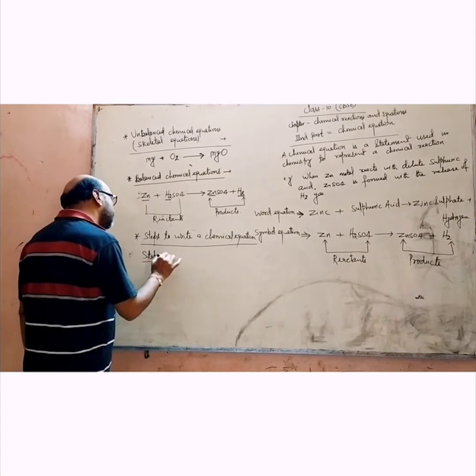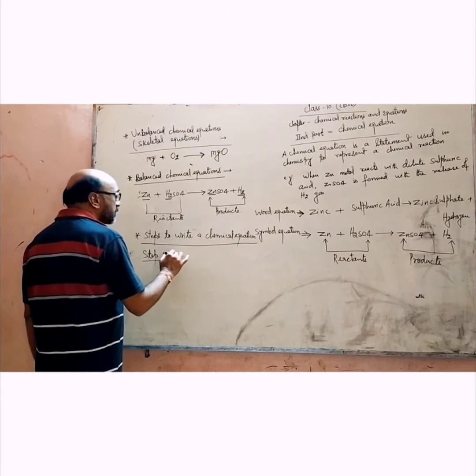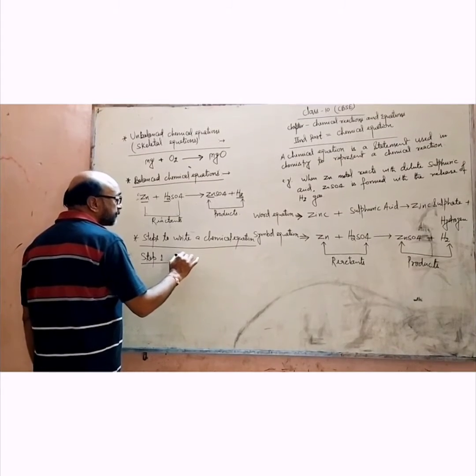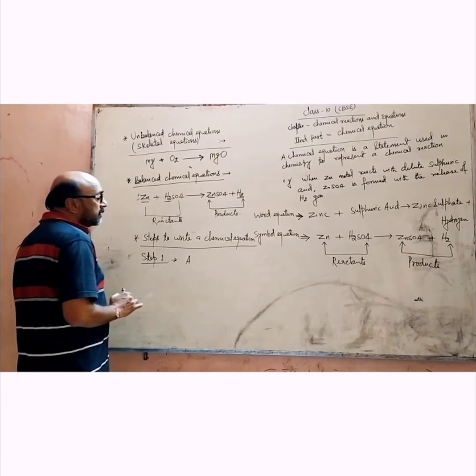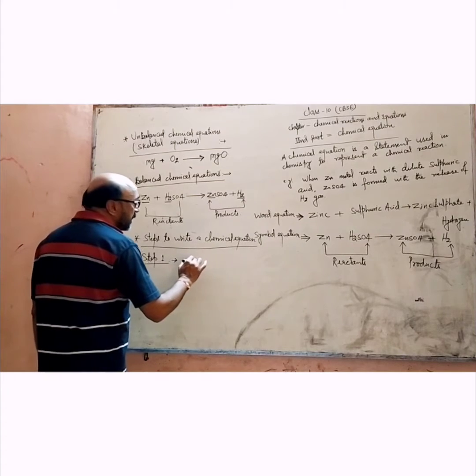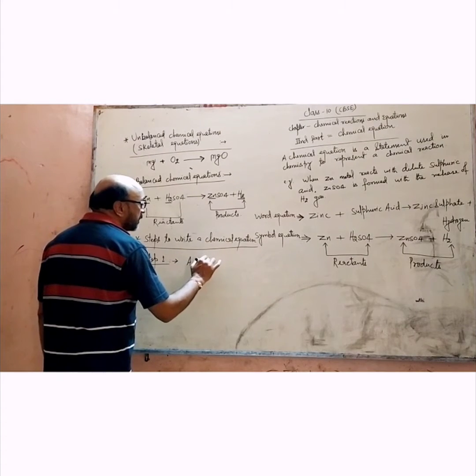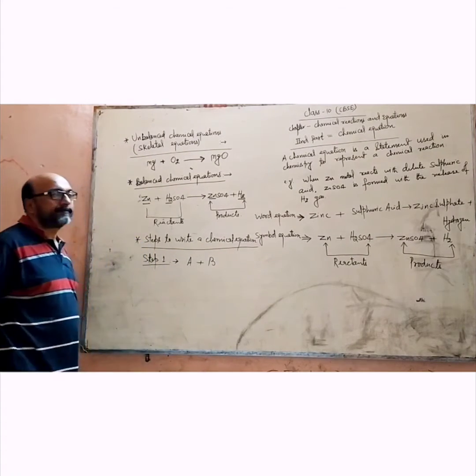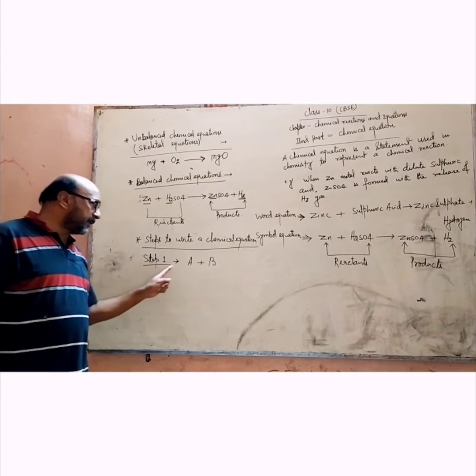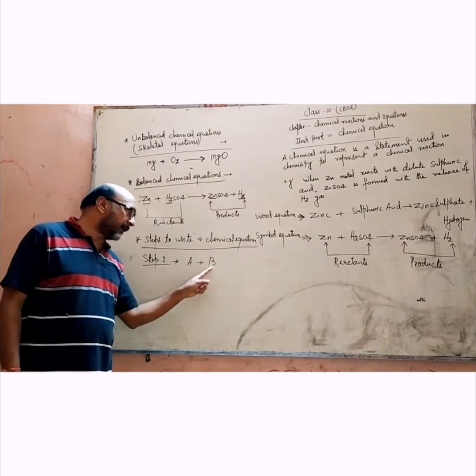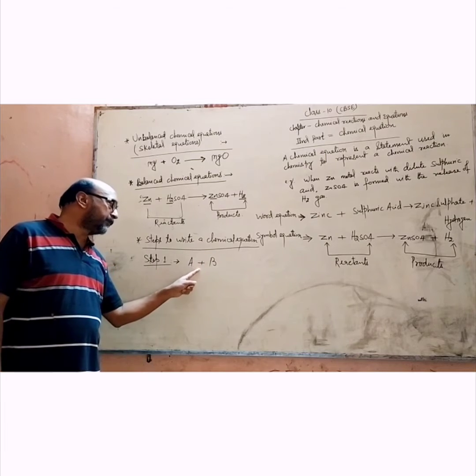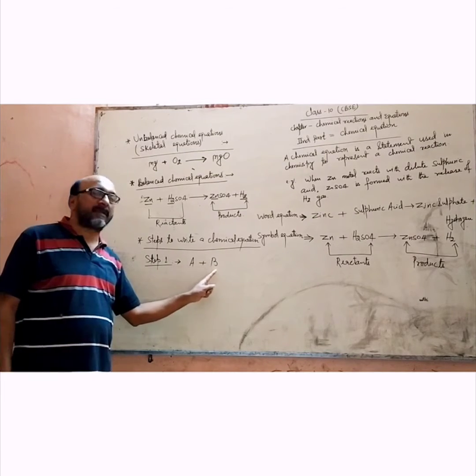Step first is to write the reactants. Suppose one reactant is A and the other reactant is B. So we write the reactants and put the plus sign between the reactants.